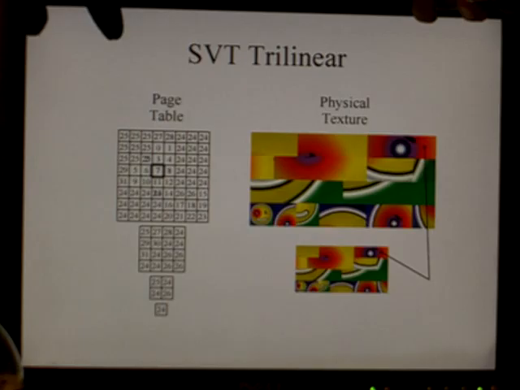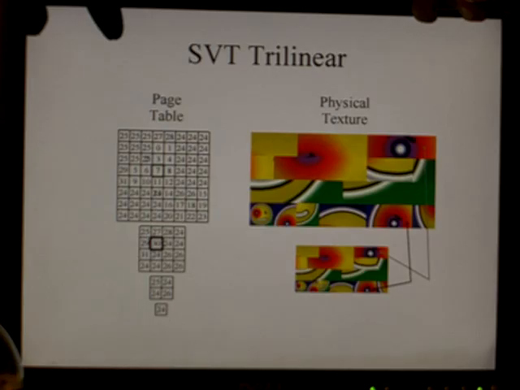To do that transition, the page table switches to accessing a totally different, unrelated page that lives somewhere else in memory, and it's got its own MIP map, and I'm going to start trilerping between those. And when I do that transition, there's a sort of discontinuity, because I'm switching the pages.